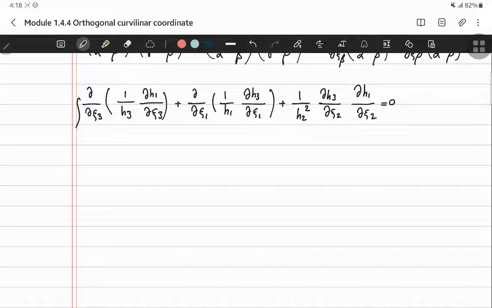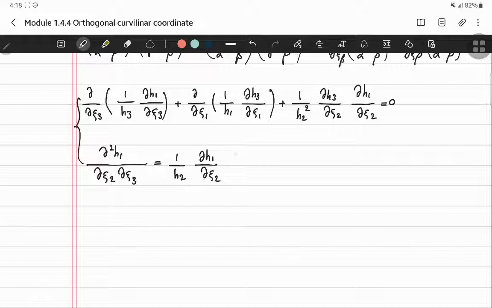And there is also the second partial derivative of h1 with respect to z2 z3, which is equal to 1 over h2 partial derivative of h1 with respect to z2 times partial derivative of h2 with respect to z3, plus 1 divided by h3 times partial derivative of h1 with respect to z3 and h3 with respect to z3.